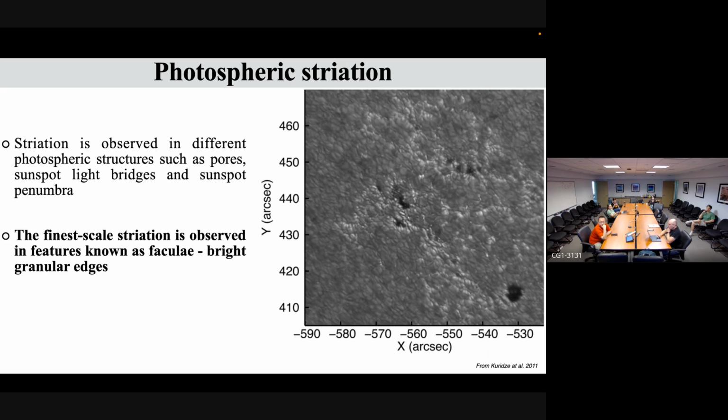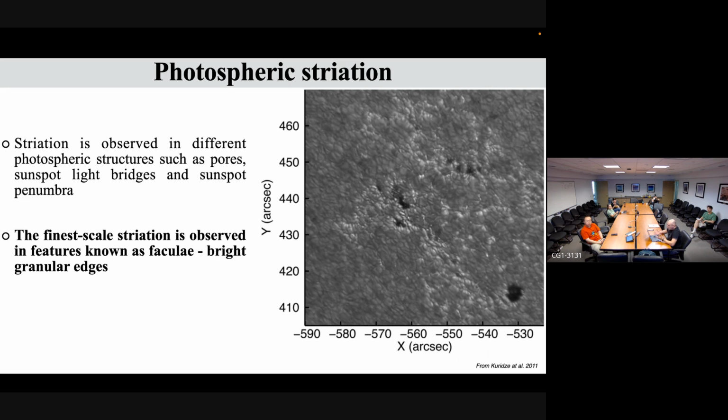So here I have a typical image of faculae in G-band, taken with a 1-meter solar telescope.